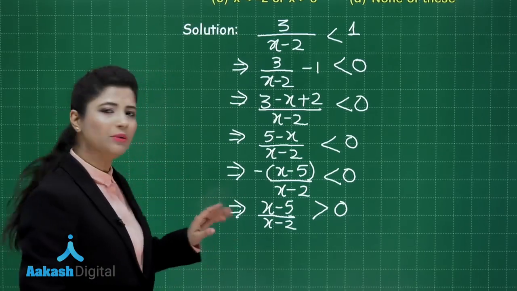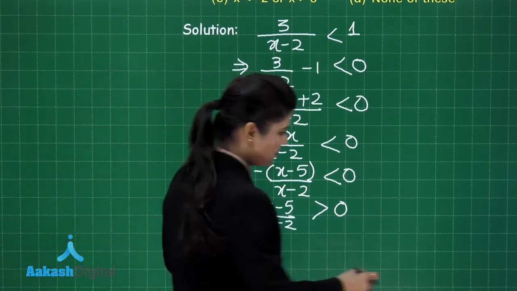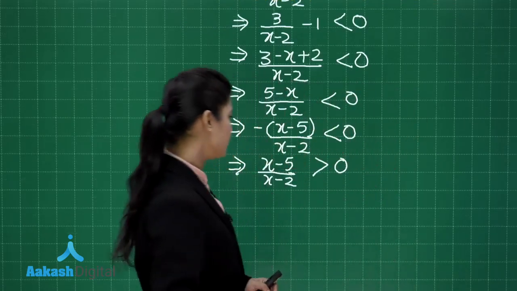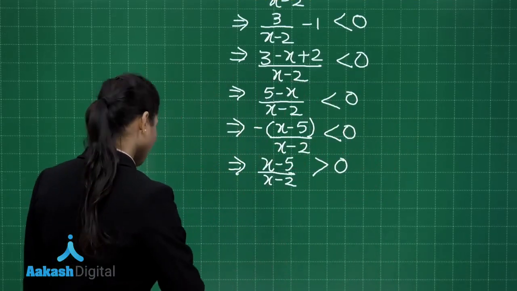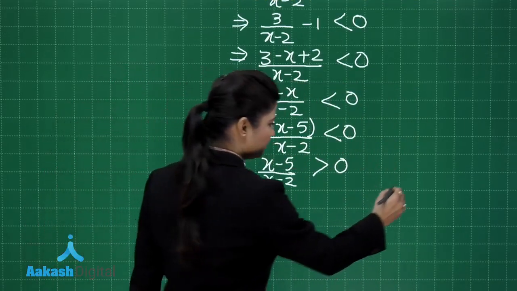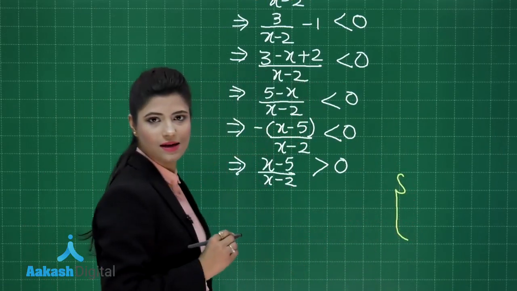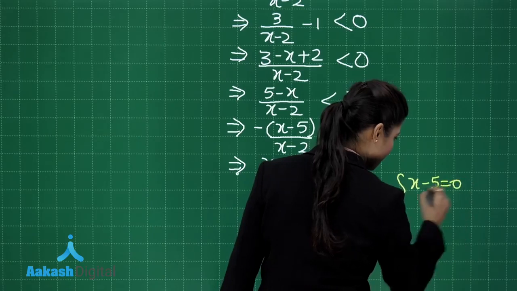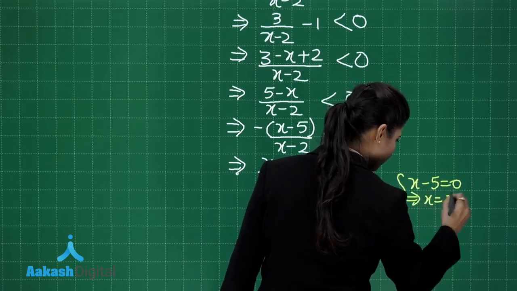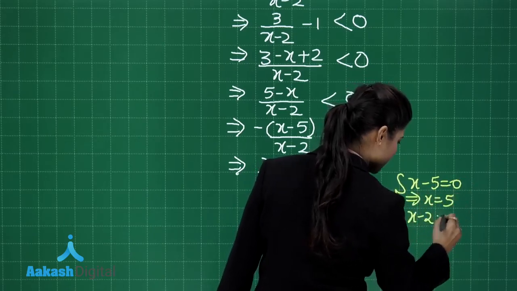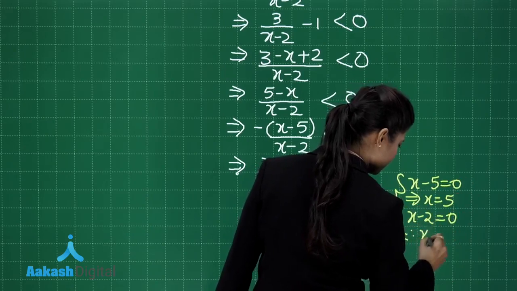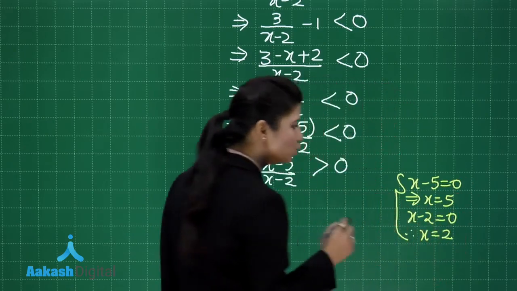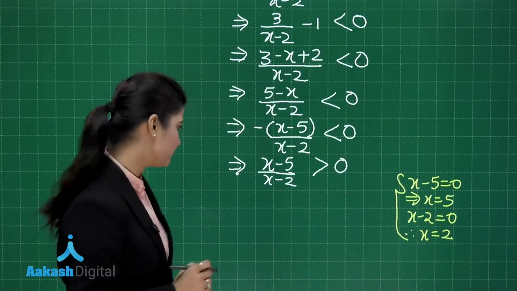For this, we will be using the wavy curve method. Alright. So let's use here the wavy curve method. If you want to use the wavy curve method, first you need to figure out the critical points. I have here this factor x minus 5. When it is equated to 0, it results in the value of x as 5. And when x minus 2 is equated to 0, it gives the value of x as 2. So we have got two critical points, 2 and 5.